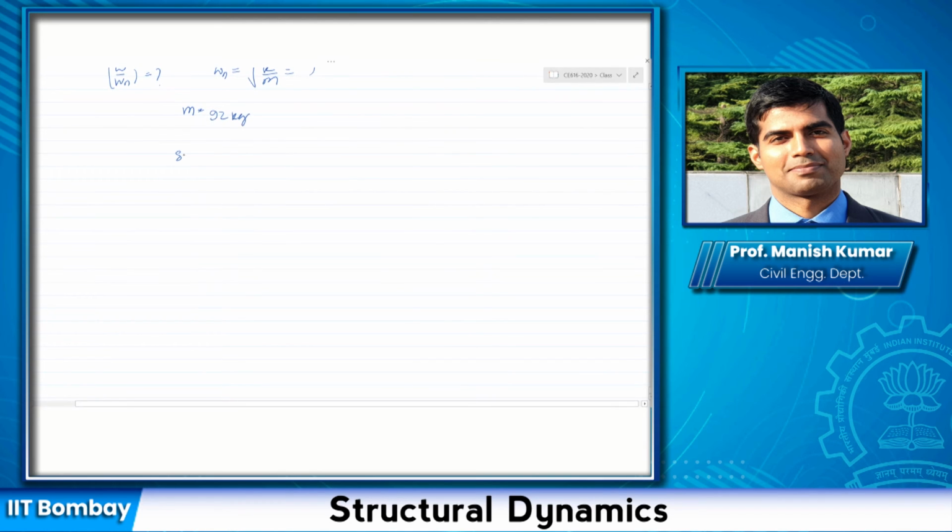So if I increase the mass from 50 kg to 92 kg, my transmissibility decreases and the total acceleration decreases from 0.01 g to 0.005 g, which is within the manufacturer's prescribed threshold value.